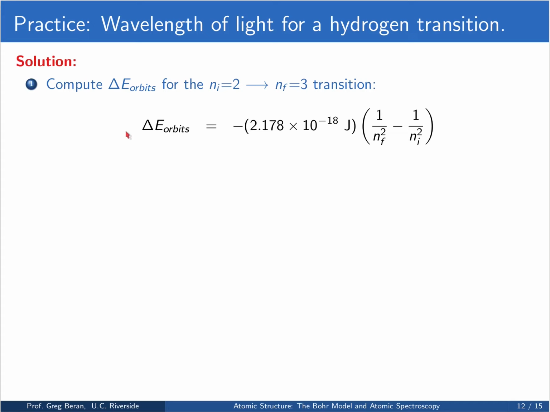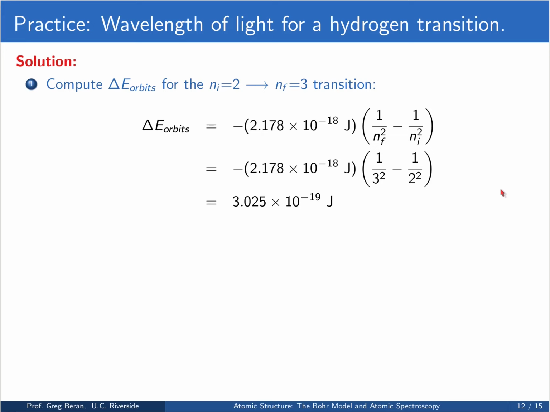So I'm going to use the expression we derived a couple slides back, where delta E orbits is equal to minus 2.178 times 10 to the minus 18 joules times 1 over n final squared minus 1 over n initial squared. In this case, n final is 3, n initial is 2, so I can plug those values in and crunch these numbers together in my calculator, and I find that the delta E between these two orbits is about 3 times 10 to the minus 19 joules.